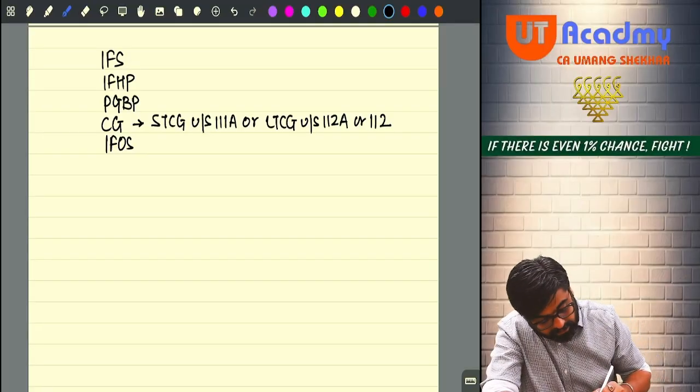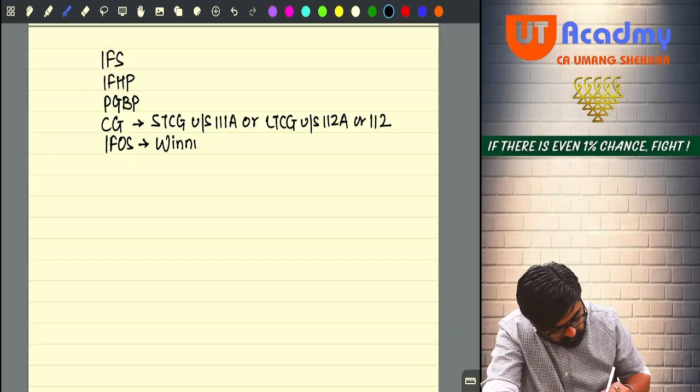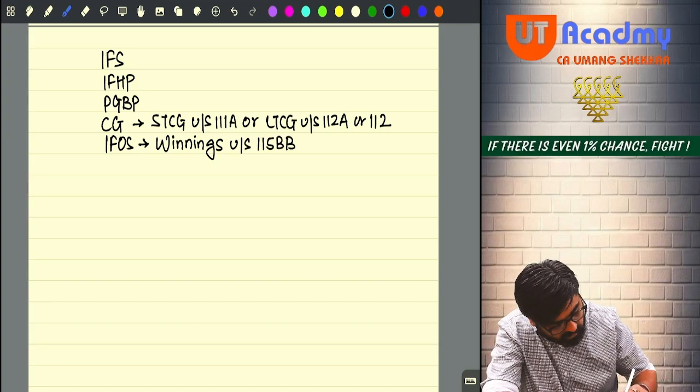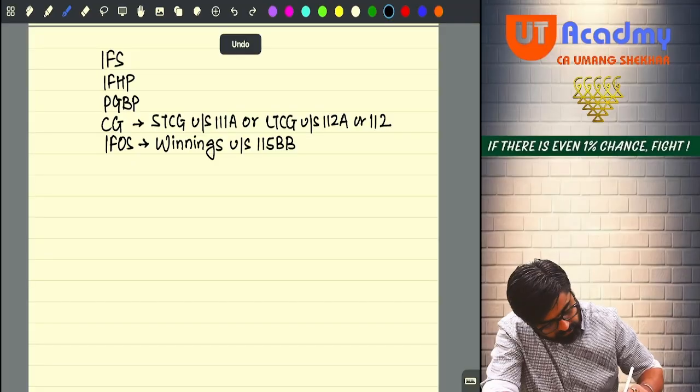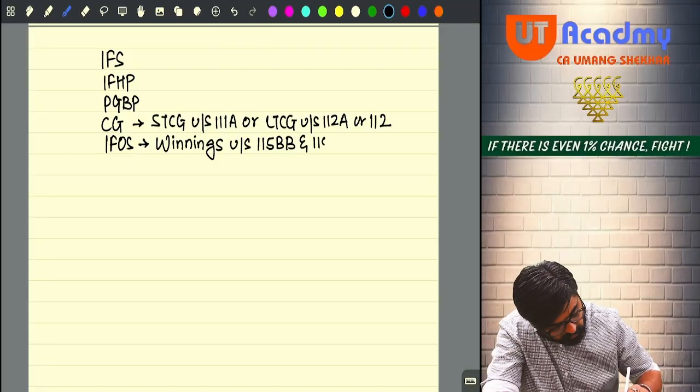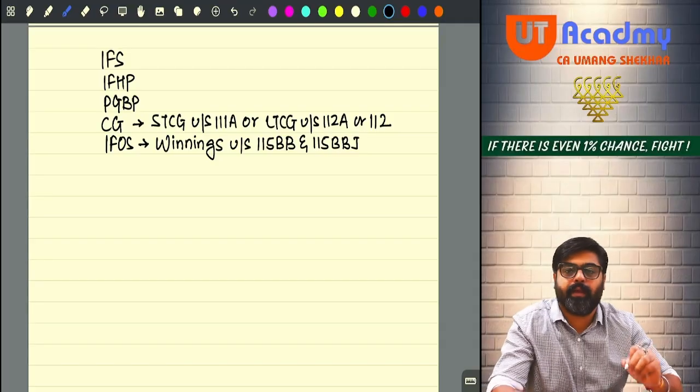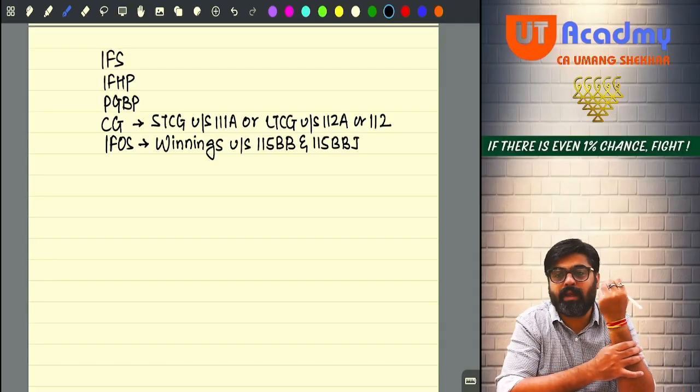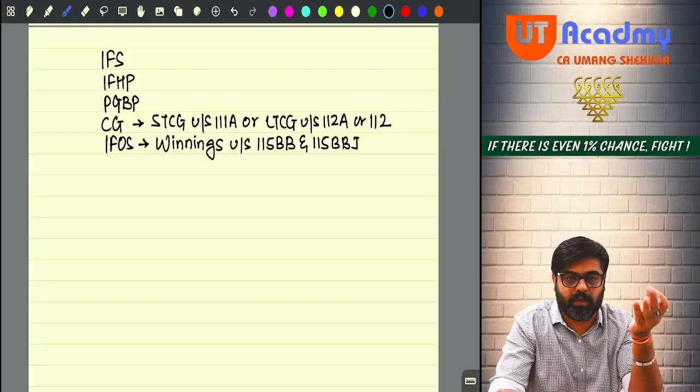Under the head IFOS you must have shown winnings income also, winnings which is given under section 115BB and 115BBJ. What winnings income is, we are going to learn in the next chapter.